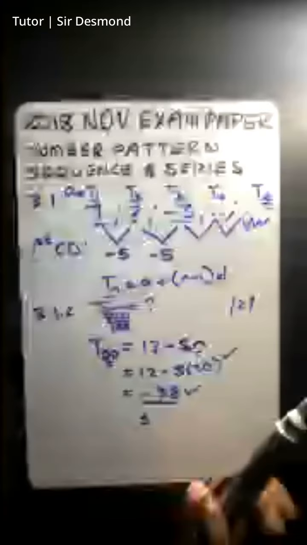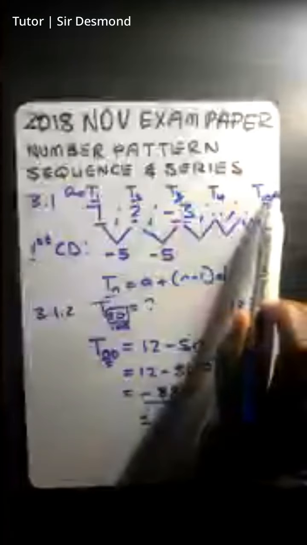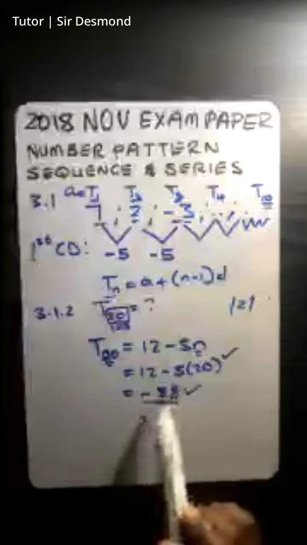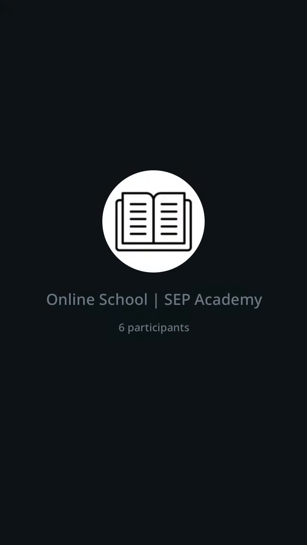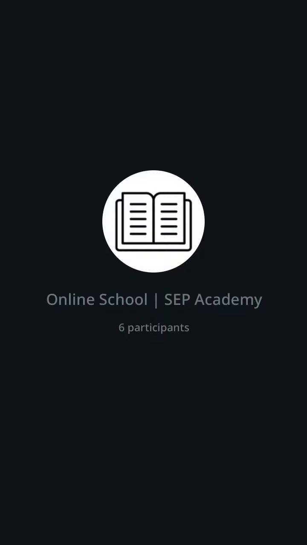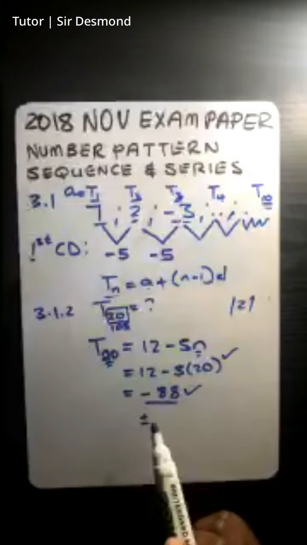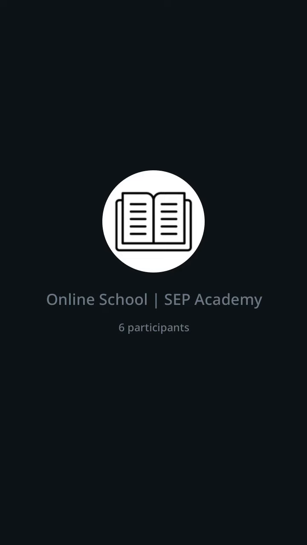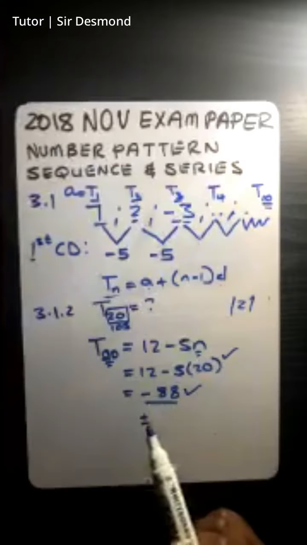So when they say term 20, you are expecting a very small number or a very big negative number. So just make sure that before you calculate, you have an idea of exactly what you are expecting.